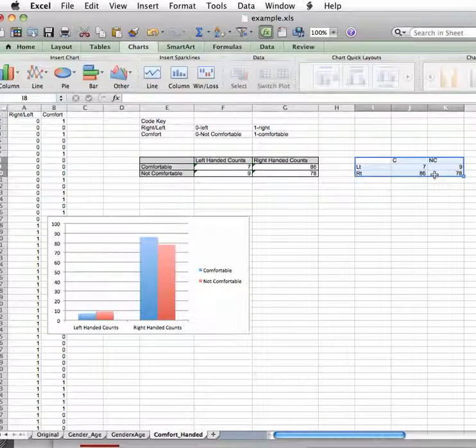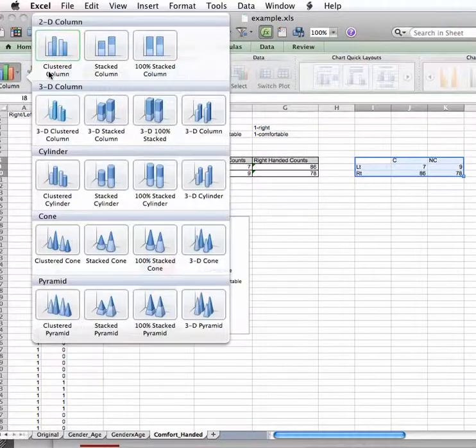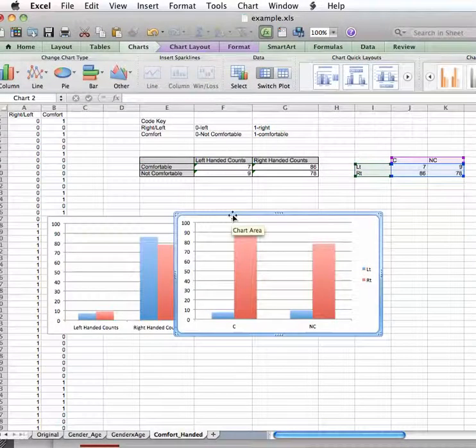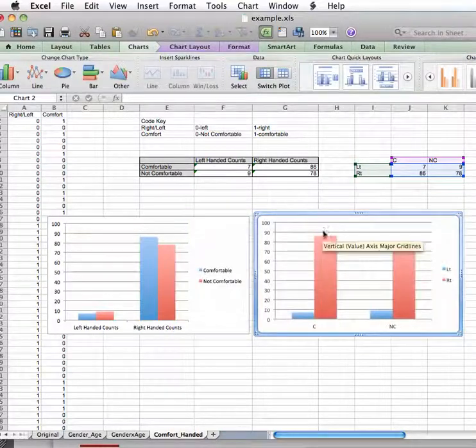And you see if I go ahead and I highlight those and I do the column chart again, there we go. Now you see that my bars each represent comfort versus not comfortable and left versus right-handed.